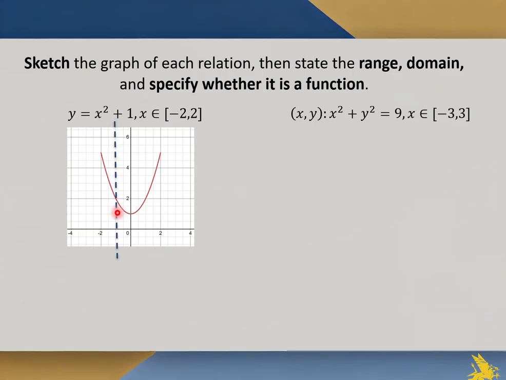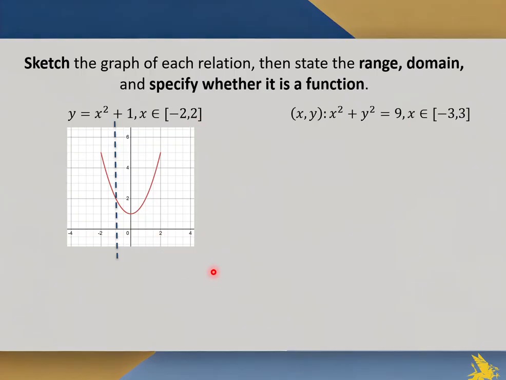If I do a vertical line test, I can see straight away that it is a function. Because we're given the x elements, even though the question is asking what our domain is, we know our domain is what's been given here. So it will just be -2 to 2.